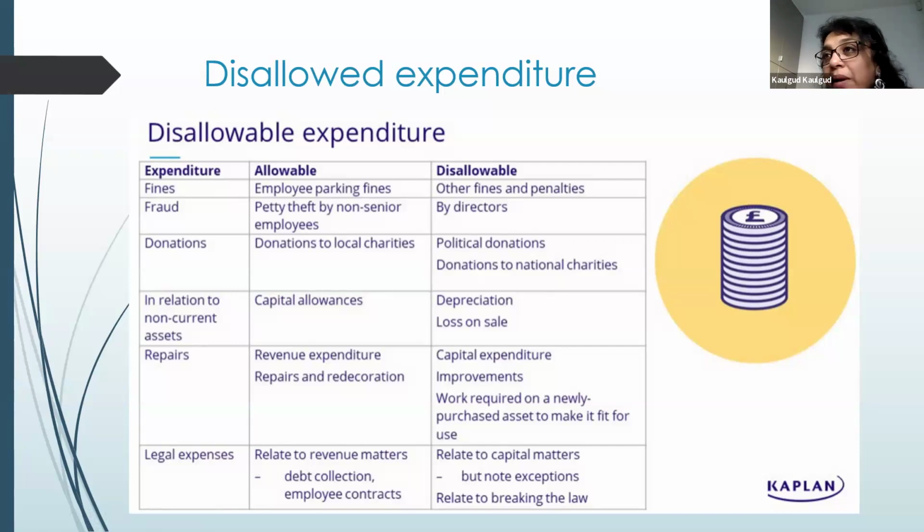Those are all fines and penalties which are disallowed, because that was a serious mistake on the part of the company. So disallowed are the ones which need to be added back. It was your mistake, so that is disallowed.